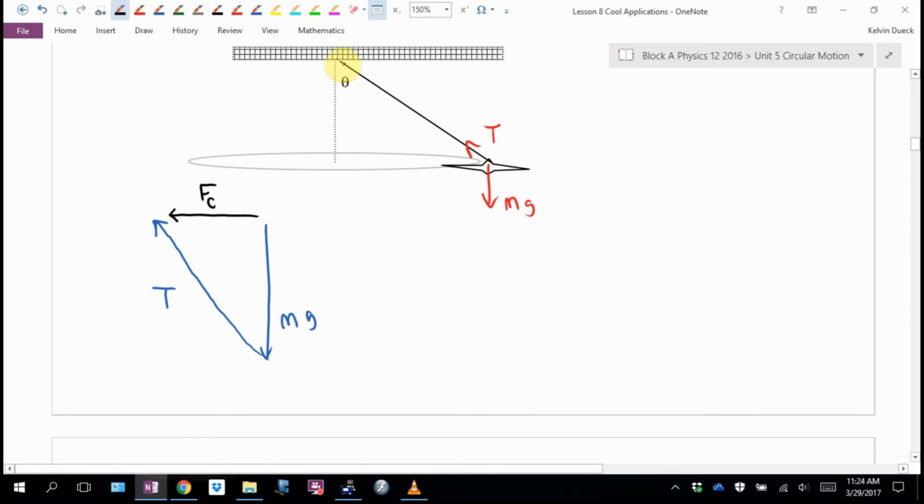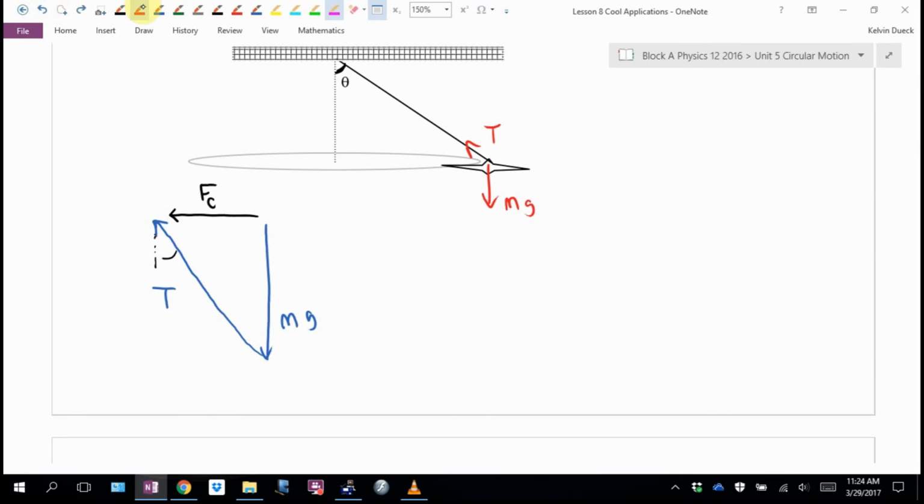Now, in the picture, they gave me this angle theta, so I notice when tension is next to a vertical line, that's theta. Don't draw that if you don't want to, but what I really want you to notice is, see the Z?